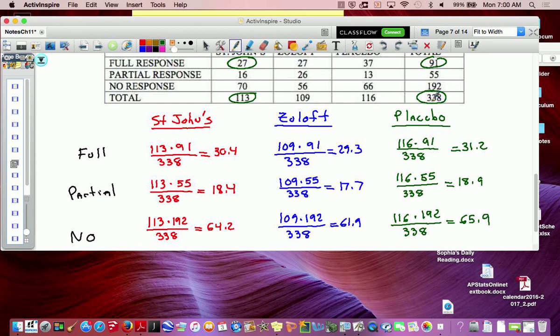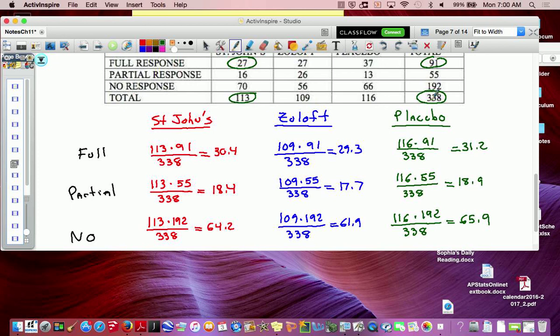Do the same thing for Zoloft. Now it's 91 times 109 and 55 times 109 divided by 338. I apologize, but you're hopefully seeing the pattern. So I get the expected counts for all of them. So here's all my expected counts. Here are all my observed counts. Now the question is, how much do they differ by?